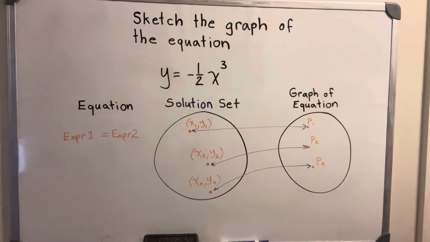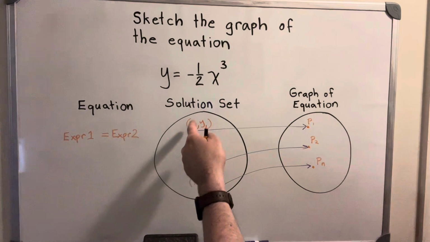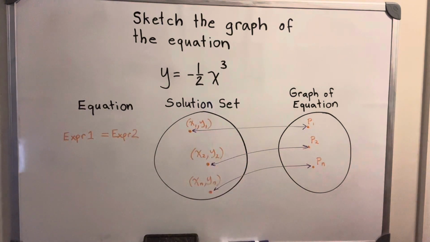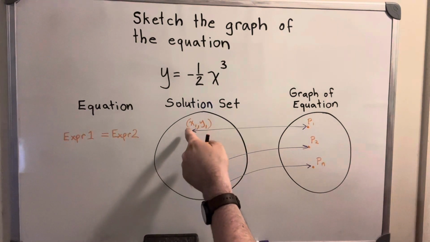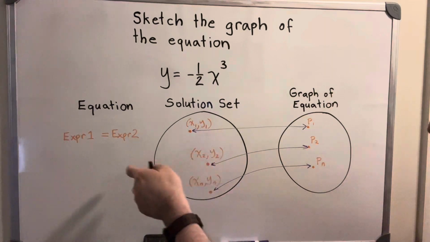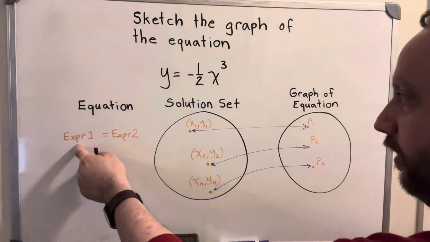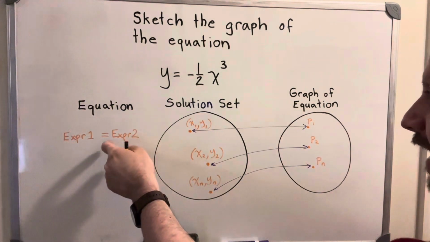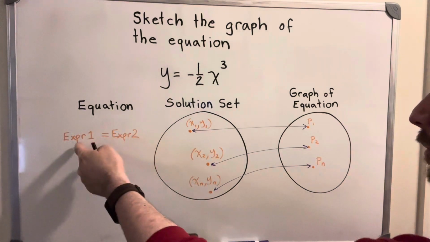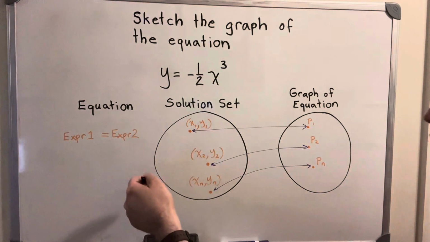And then a solution set is all of the sets of ordered pairs, because an expression could involve some x1 and y1. And so the solution is all the values of x1 and y1, which when substituted in everywhere an x or a y appears in this expression, solves it.